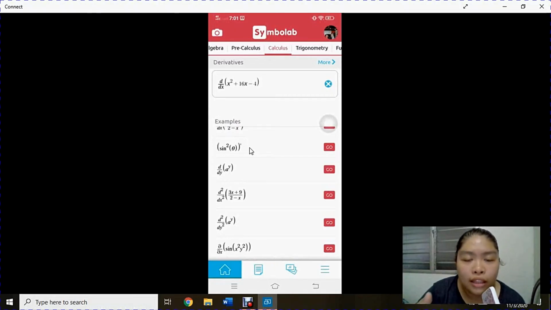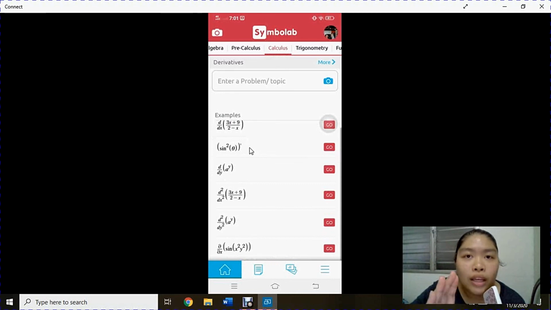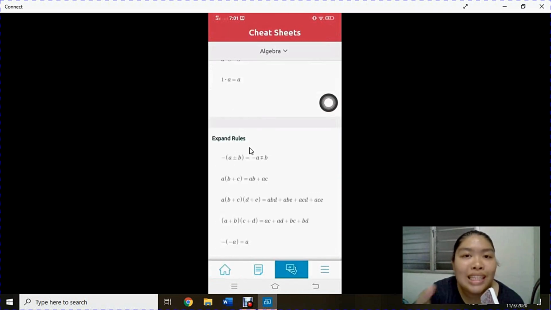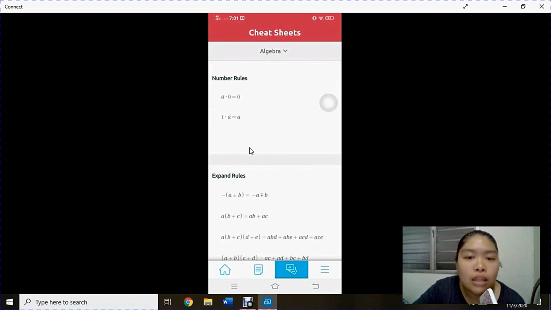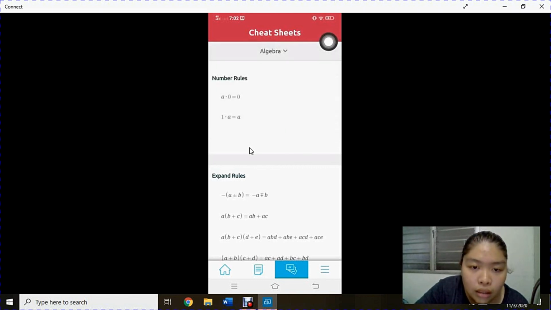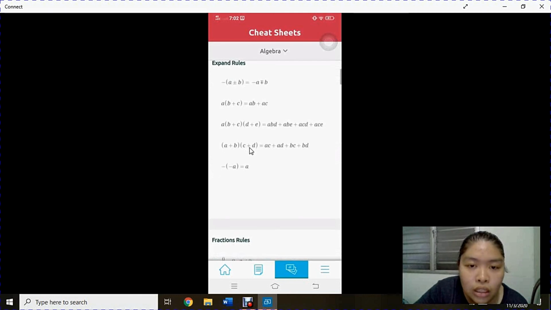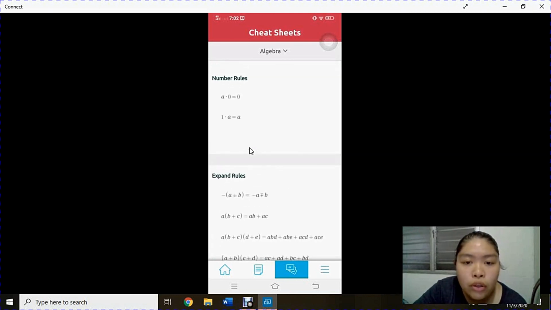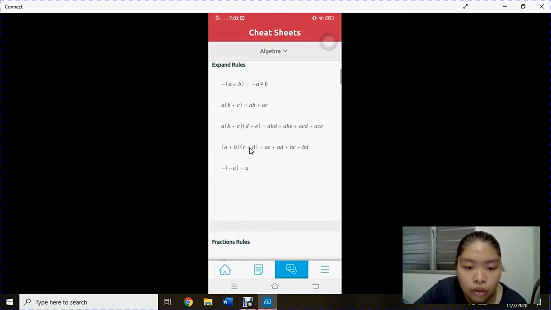I also would like to highlight why the Symbolab app is very interesting. To me, the Symbolab app is very interesting because it provides us with cheat sheets, as you can see here, for algebra, derivatives, integrals, limits, and trigonometry. For algebra, they have formulas that you can use or remember for your exam, for example.